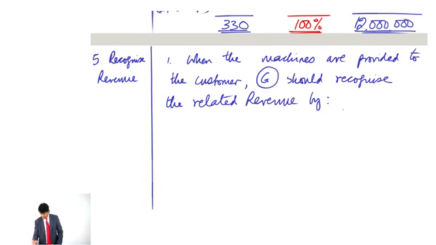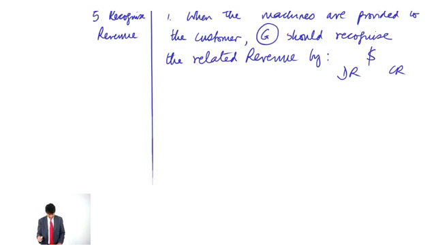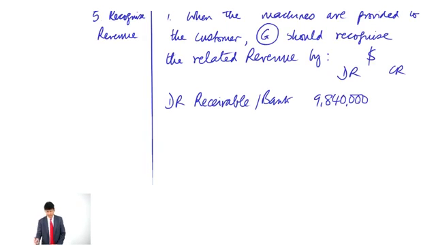by, if I can show a debit and a credit, the language of accountancy, you've got to debit your receivable or bank. The question doesn't say whether you've actually received the money or whether you're going to be paid the money.